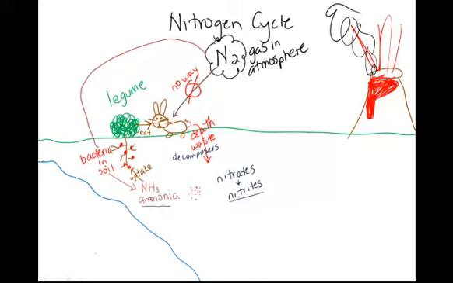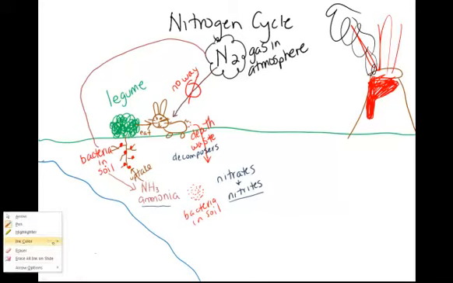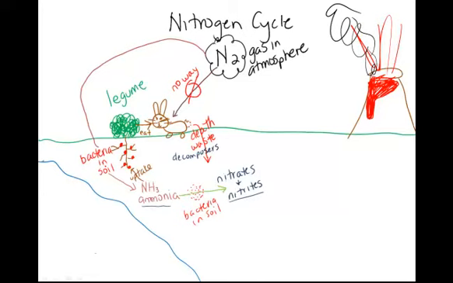There's another way that nitrates and nitrites get into the soil, and that is there are bacteria, just like we had before associated with our legumes. There are bacteria in the soil that can take ammonia, the nitrogen form called ammonia, and turn it into nitrates and nitrites. And then there are also bacteria that complete the cycle.